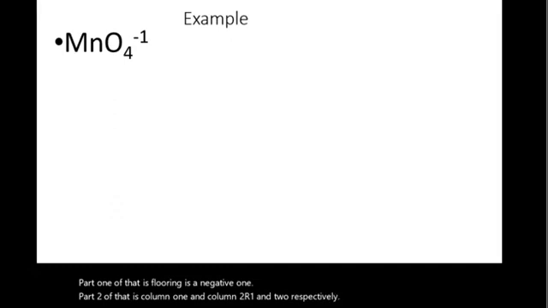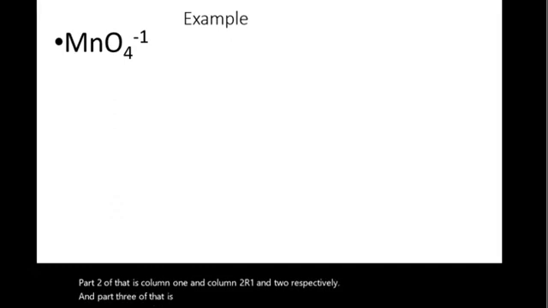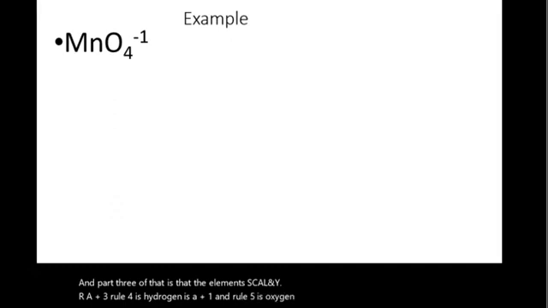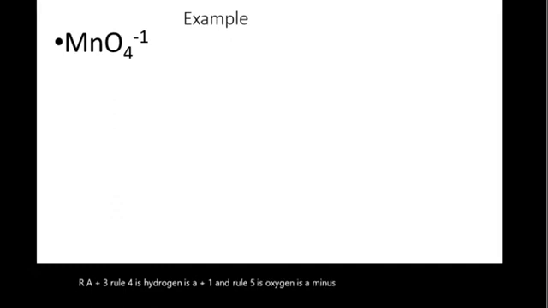And part 3 is that the elements Sc, Al, and Y are a +3. Rule number 4 is hydrogen is a +1, and rule number 5 is oxygen is a -2. And all of these rules are in a hierarchy, which means they're in order of importance.